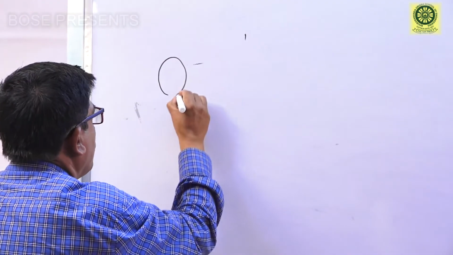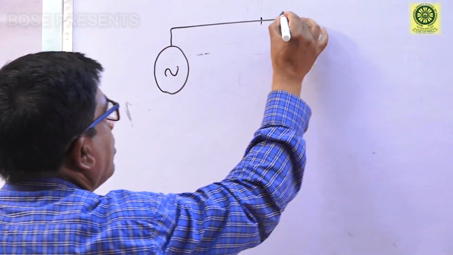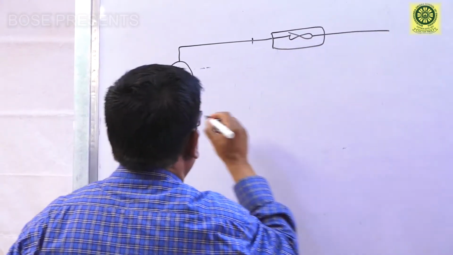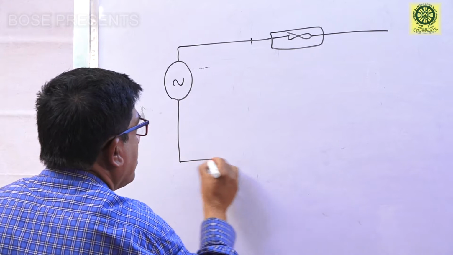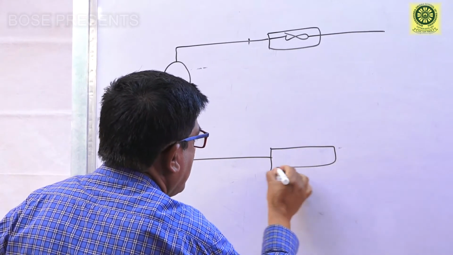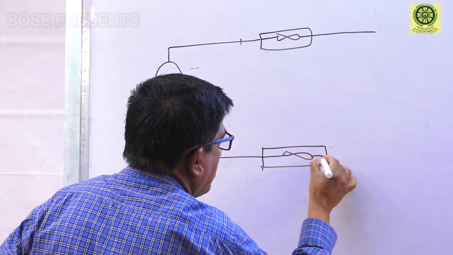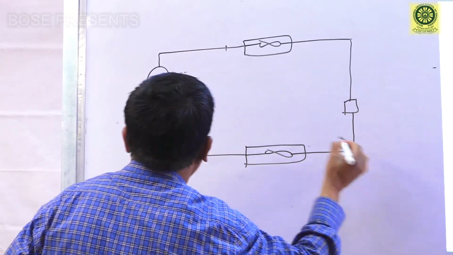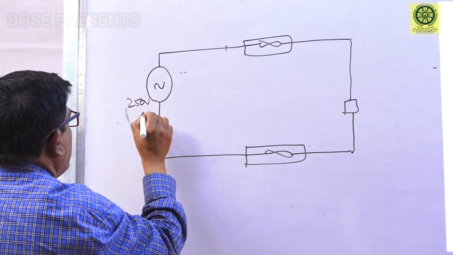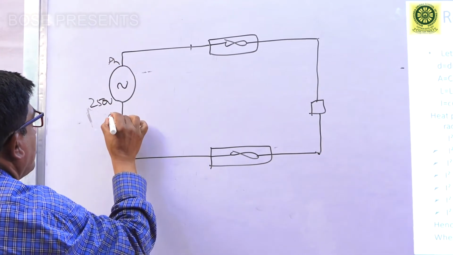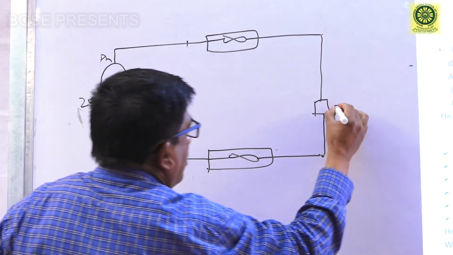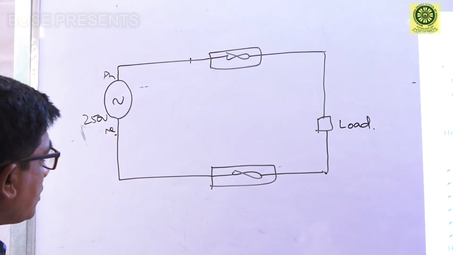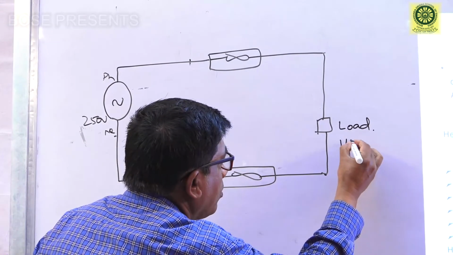So this is your power supply. This is your fuse element. This is your load. So just now I was discussing the 1 kilowatt load.